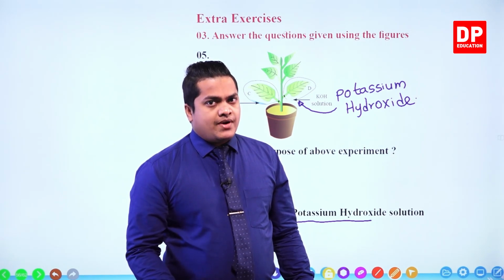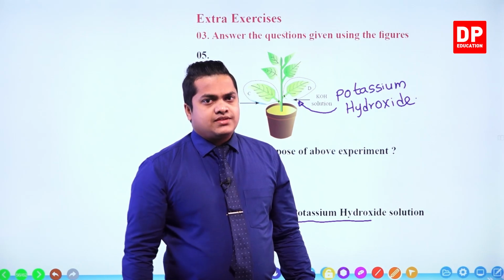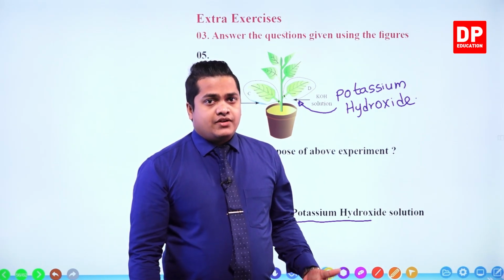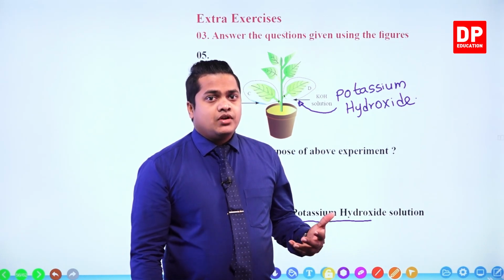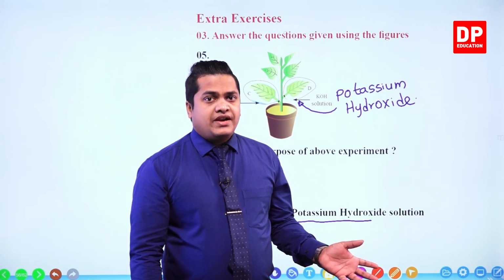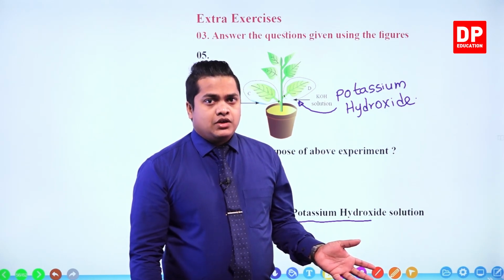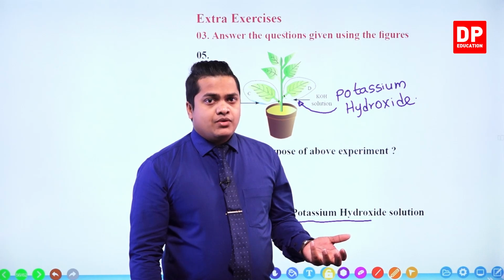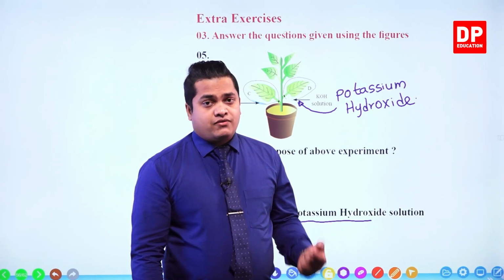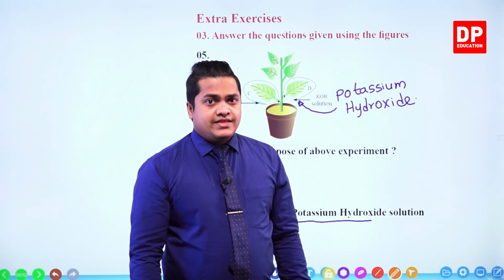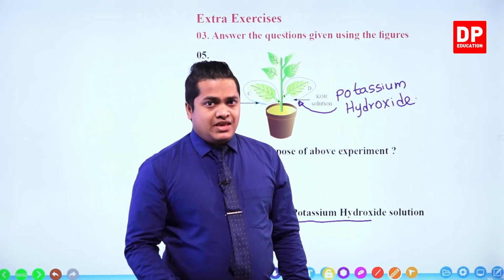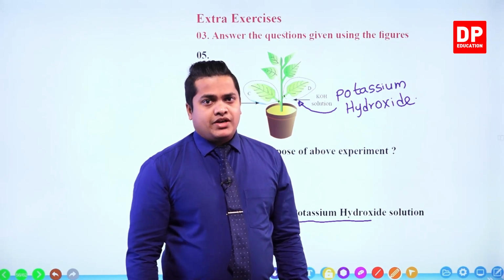If there is no carbon dioxide, then photosynthesis cannot happen, as the main raw material needed for photosynthesis disappears, absorbed by a different chemical. So the plant will not be able to absorb that carbon dioxide gas, which is the main raw material needed for the photosynthesis process. In that case, in D, photosynthesis will not occur, meaning starch is not going to be produced.